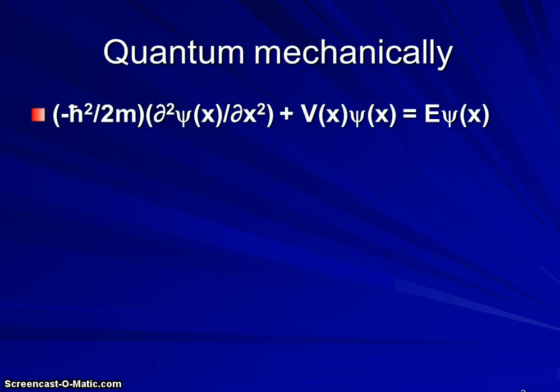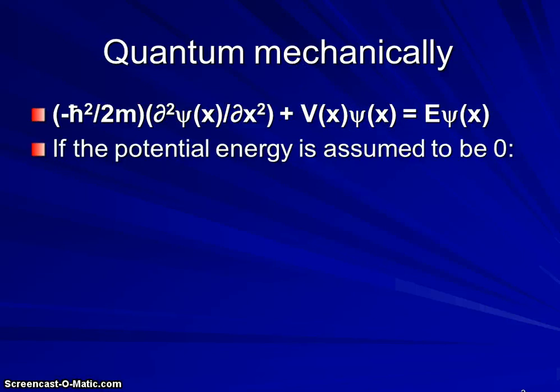The quantum mechanical version of this takes a look at the Schrodinger equation and says that energy times the wave function for the system is equal to the second derivative of the wave function with respect to x times these constants, negative h bar squared over 2m, and then all of that is added to the potential energy times the original function.